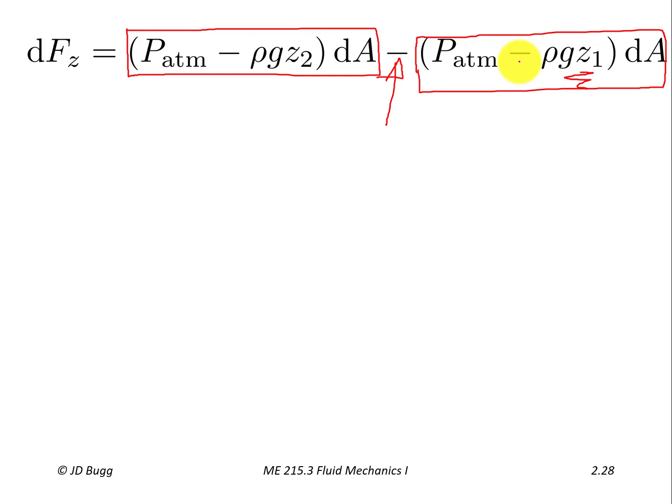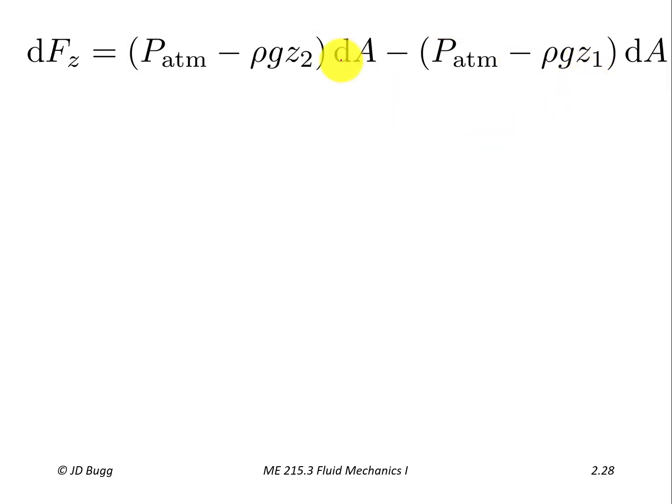And again, it's minus here because of the direction that we've defined Z. So this is the force on the bottom pushing up. This is the force on the top pushing down. Now realize that atmospheric pressure cancels out of this expression. We have P atmosphere here minus P atmosphere here, and they're both multiplied by dA.